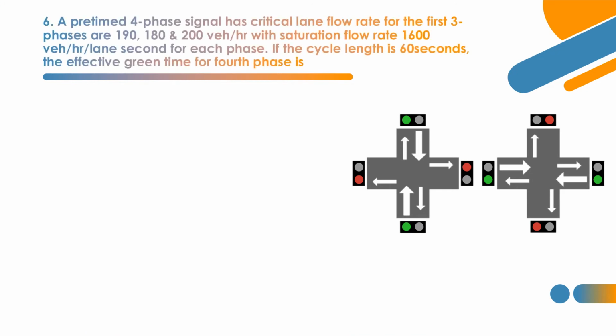A pre-timed 4-phase signal has critical lane flow rates for the first 3 phases of 190, 180, 200 vehicles per hour, with saturation flow rate as 1600 vehicles per hour per lane for each phase. So they have given data for 3 phases and we have to calculate the effective green time for the fourth phase, and the cycle length is given as 60 seconds.